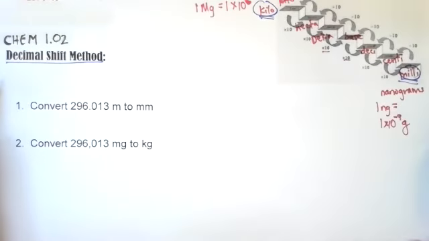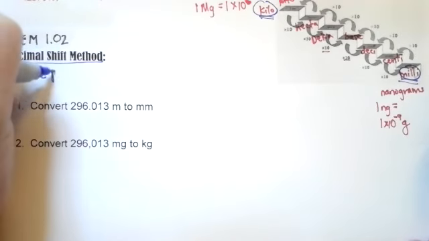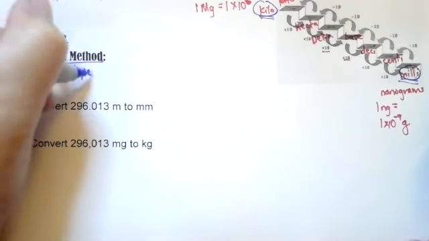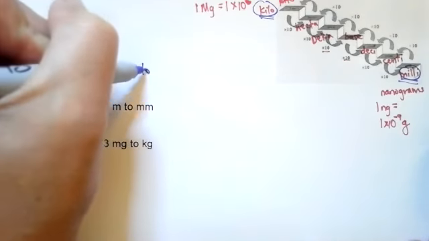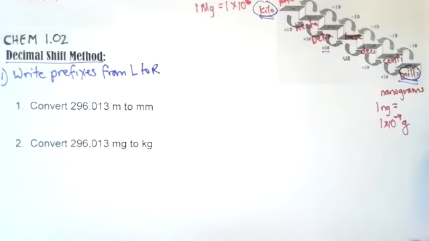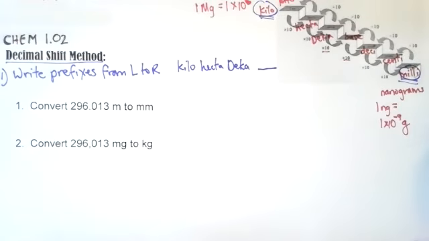So I have kilo, hecta, deca, base. I usually just leave a dash there, or you could write base. Then deci, centi, milli.